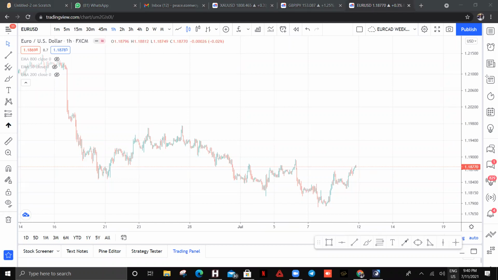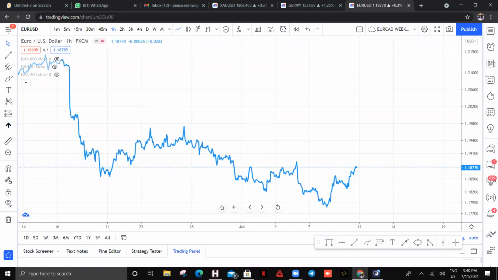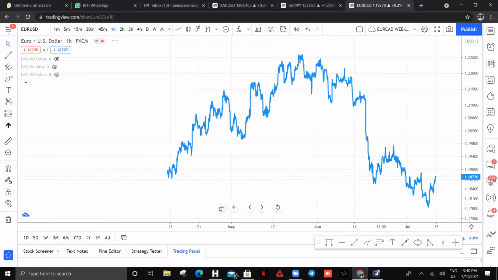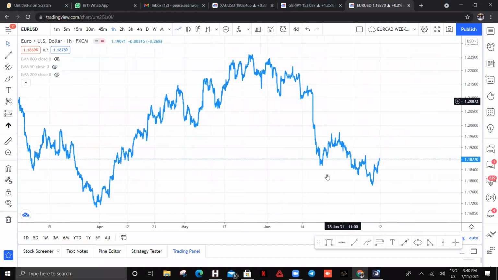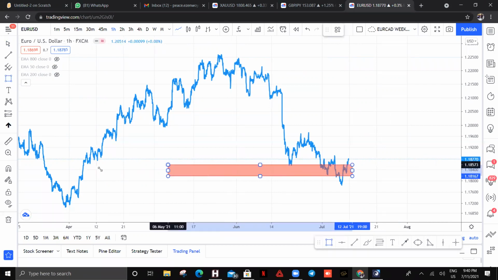Okay. So I'm going to change this to line charts. Yeah, zoom out. This is the most recent one. You can see the push up, the pull back, and the push up. So you pick your horizontal line, the most recent pullback.